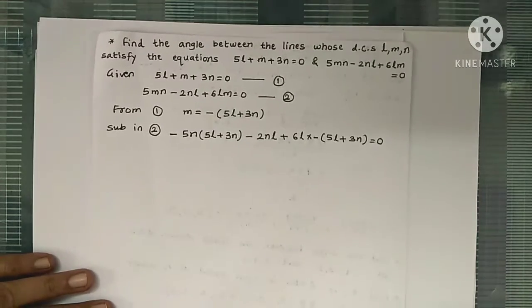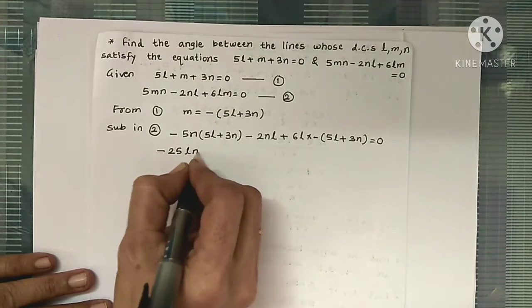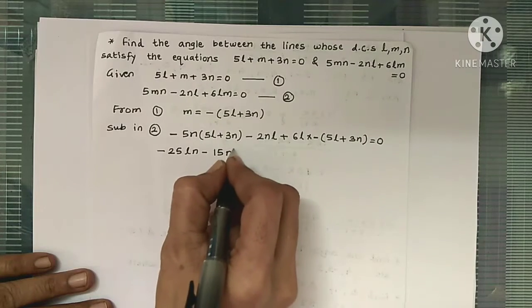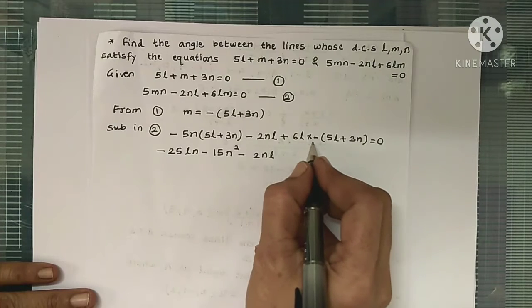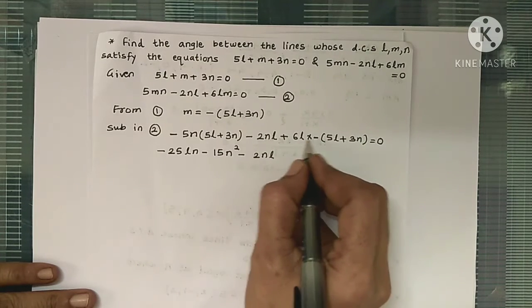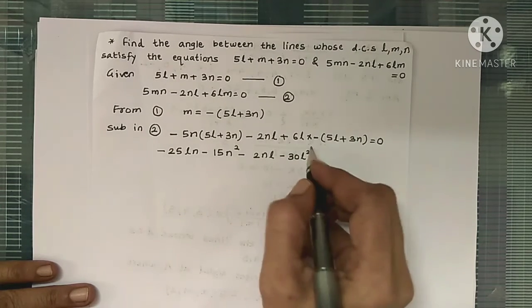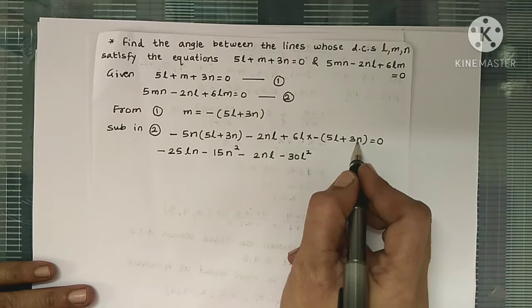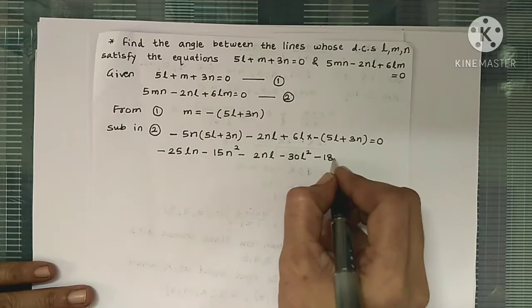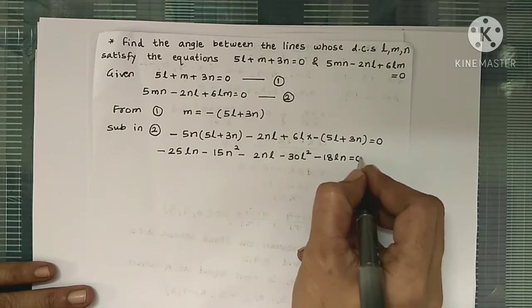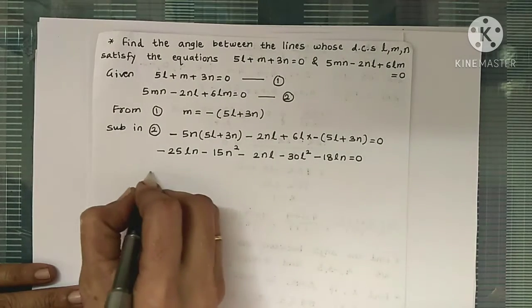Now multiplying this bracket by -5n, we have -25ln - 15n square, minus 2nl. Now multiplying 6l by the minus sign, we are multiplying by -6l, so this becomes -30l square. And 6l with minus sign multiplied by 3n, 6 into 3, that is 18ln, equal to 0. So first let's write the term -15n square.